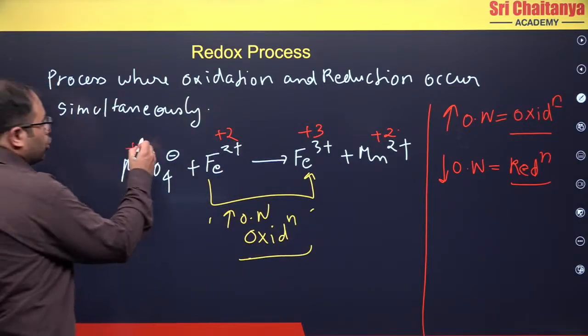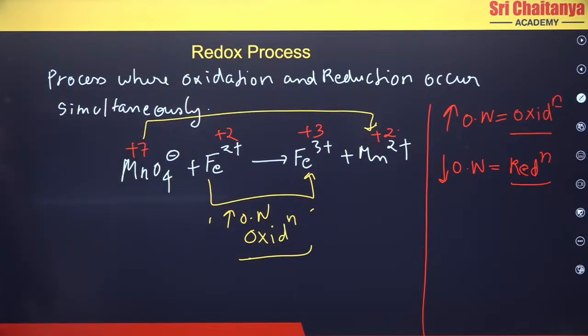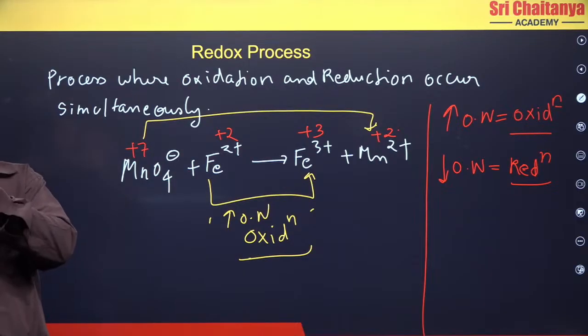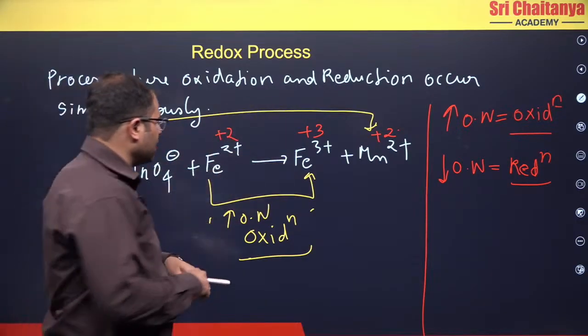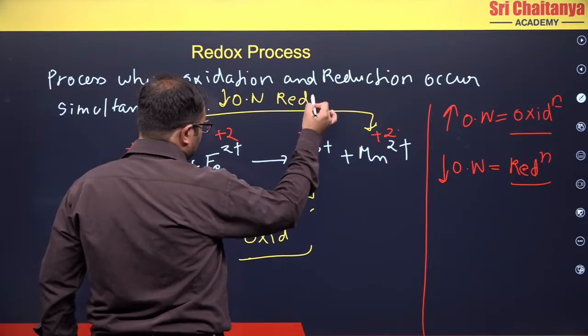But what is happening on the top? There is a decrease, right? +7 to +2. There is a decrease of 5. So it is decreasing. There is a decrease in oxidation number. This is reduction.